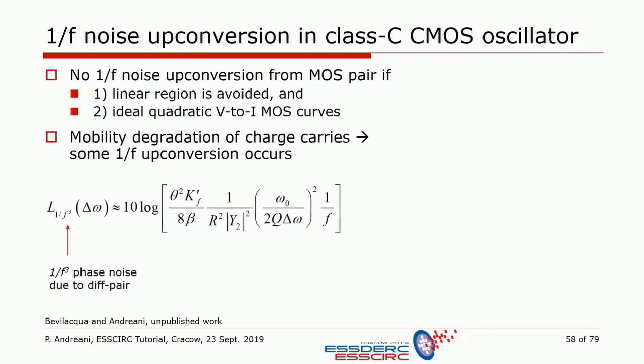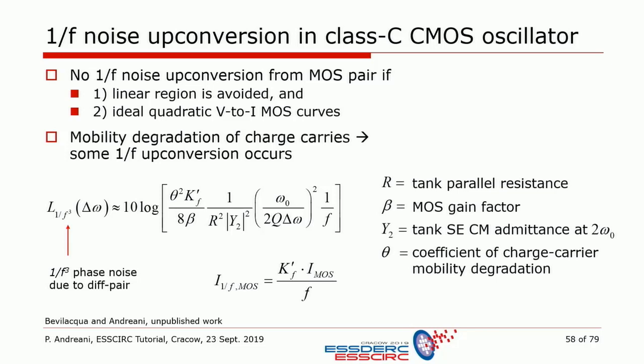But we have been able, for the first time, to produce an equation for phase noise caused by 1/f noise up conversion from the differential pair. And you can see here what the different symbols are.